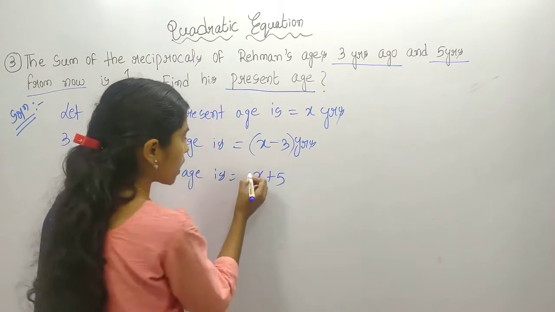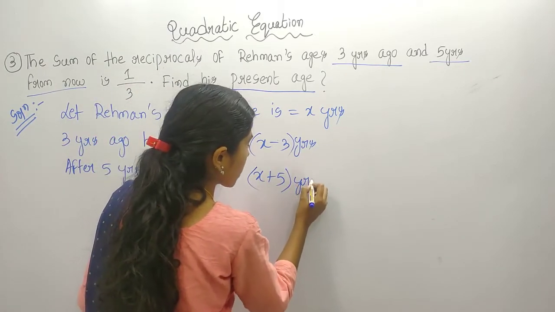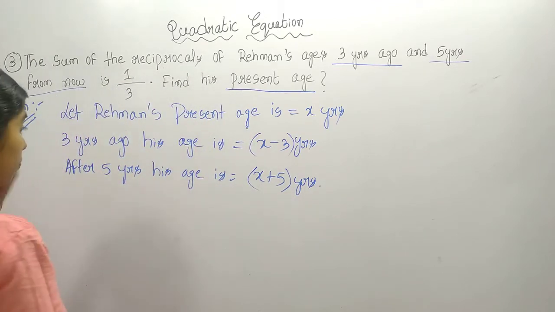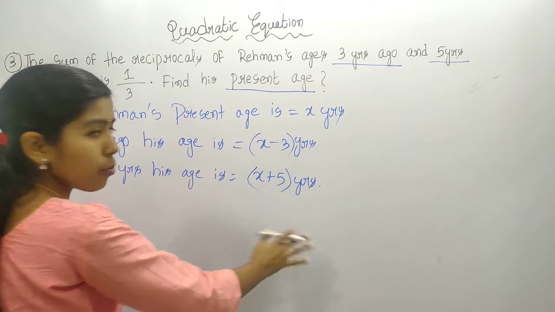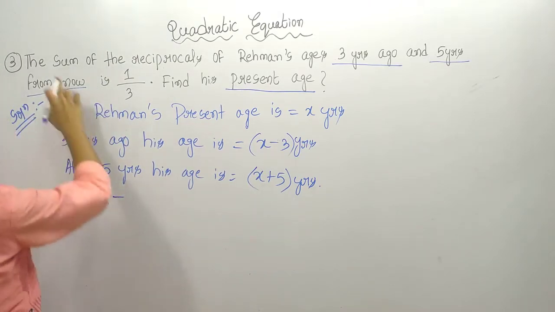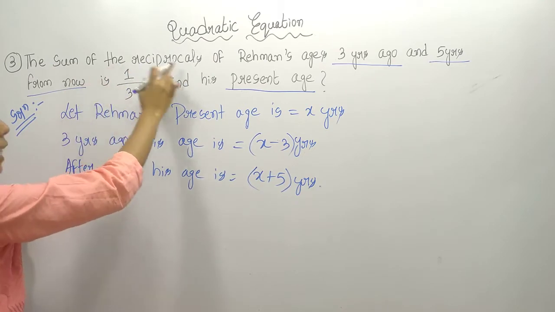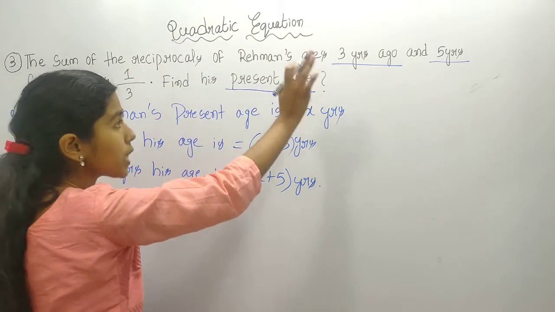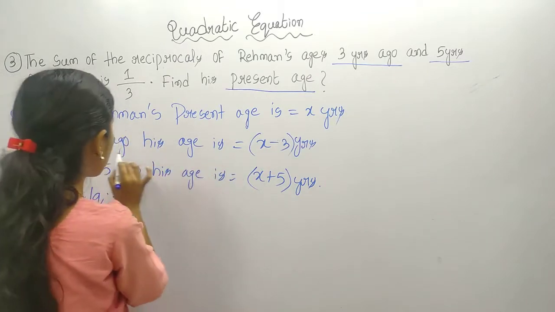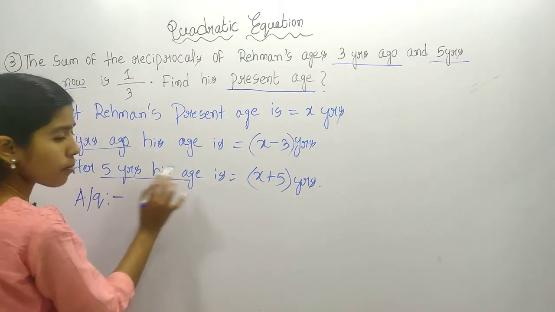After means plus, x plus 5 years. Okay. Now you see what is given in the question. This much we learnt. Now according to the question, the sum of the reciprocals of Rahman's ages 3 years ago and 5 years from now.